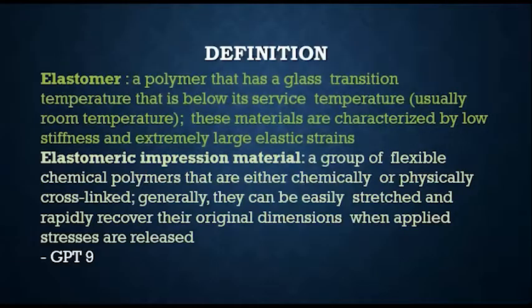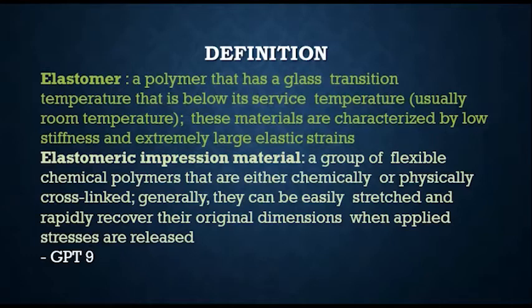Now coming to the definition, elastomers are polymers that have a glass transition temperature below their service temperature, that is usually room temperature. These materials are characterized by low stiffness and extremely large elastic strains. Elastomeric impression materials are a group of flexible chemical polymers. Basically, you should remember they are polymers that are either chemically or physically cross-linked.